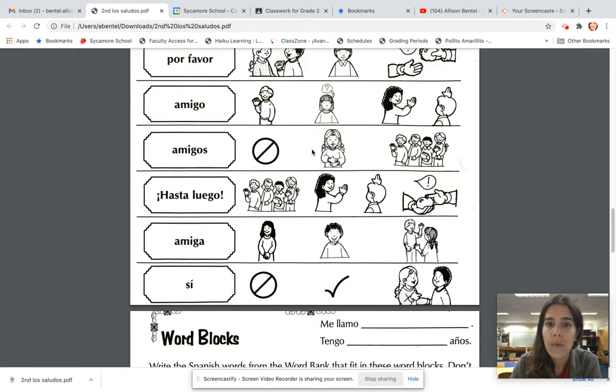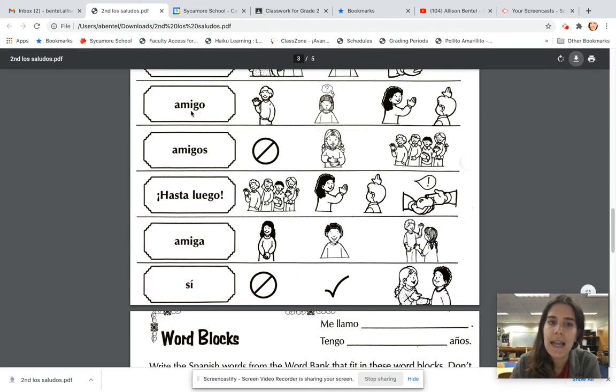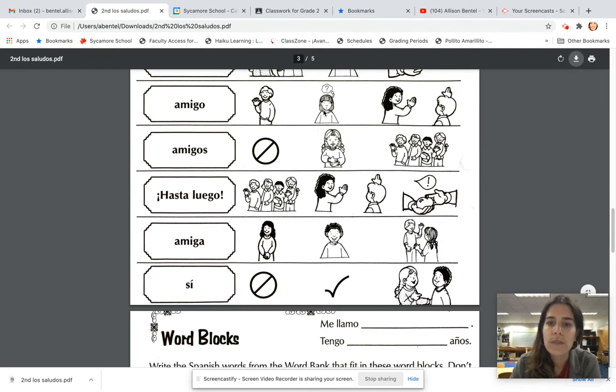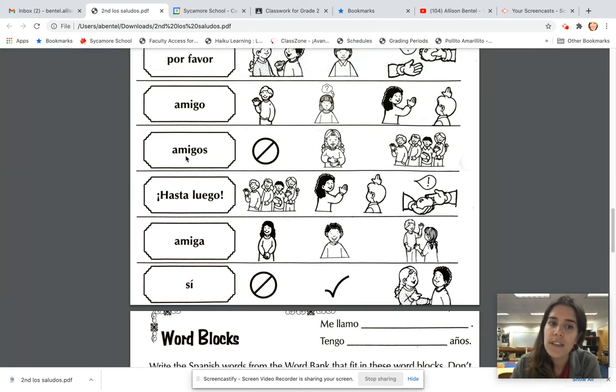Amigo. ¿Cuál foto es la foto correcta para la palabra amigo? 1, 2 o 3. Amigos. Es una palabra un poquito diferente. Aquí está en plural. Amigos. ¿Cuál foto? 1, 2 o 3.